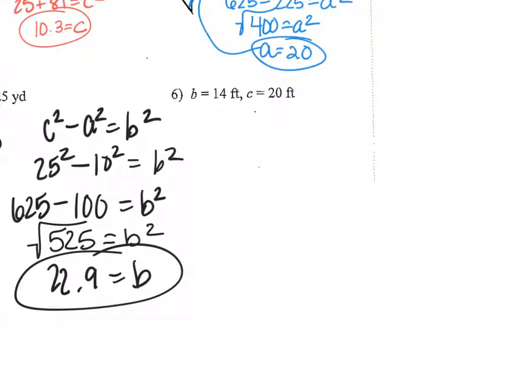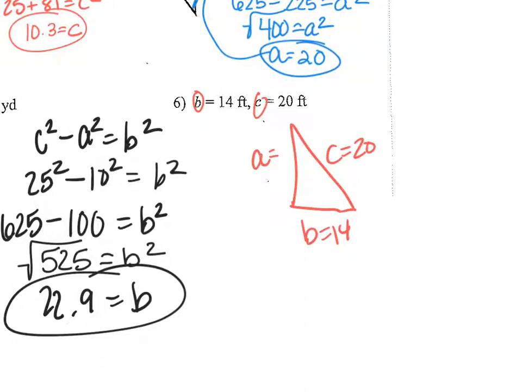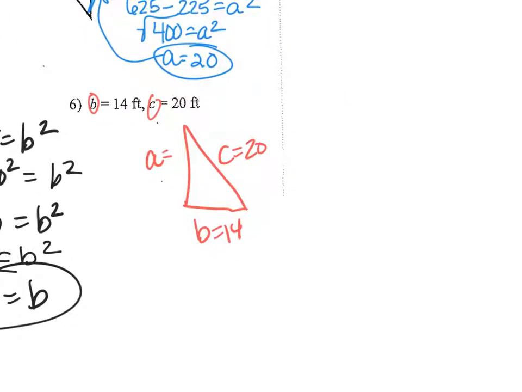Last one, number 6. They give us B and they give us C. So if they give us C, the hypotenuse, and one of the legs, what does that mean? We don't know A. Means we're going to be subtracting, okay? So I'm going to do the shortcut.